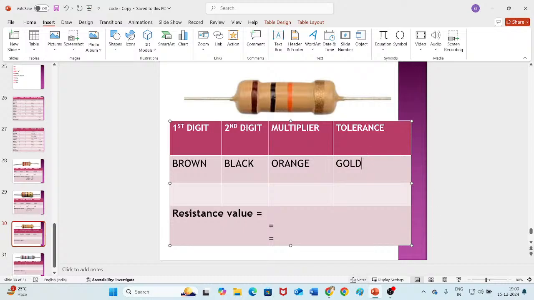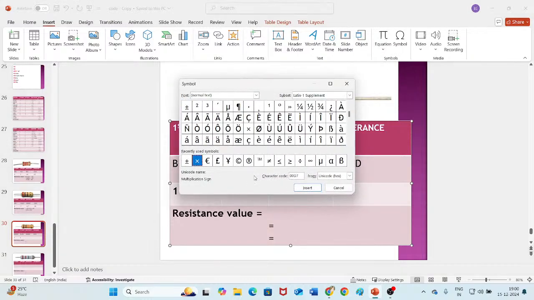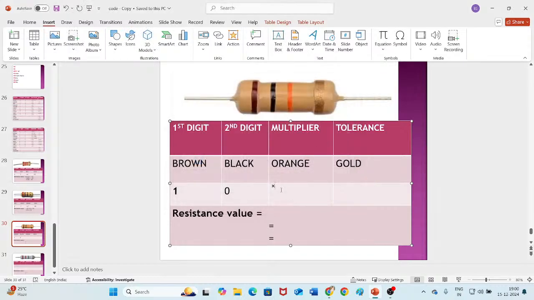From the table, brown is 1, black is 0. And what about the orange? Orange is the multiplier, the third band is the multiplier. So multiplier.